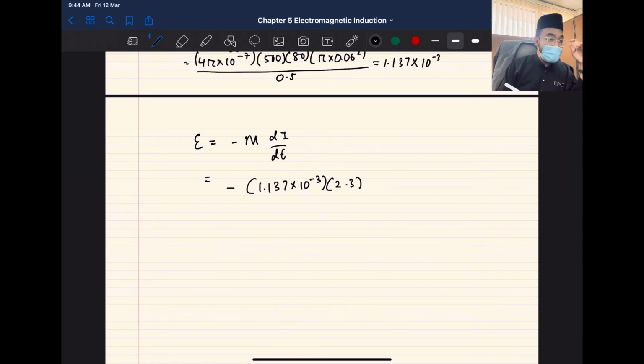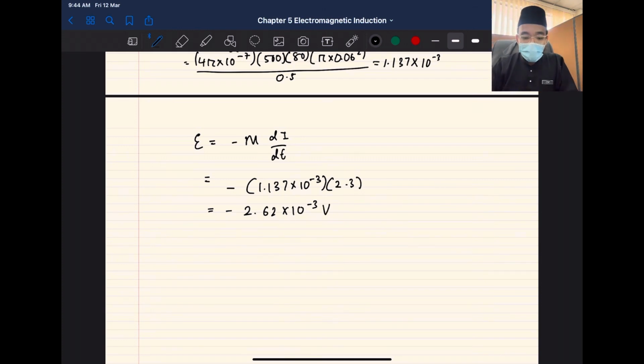I got here negative 2.6. This one is volt, sorry. So you can either write in millivolt or leave it like that. Okay, I think that's all for this tutorial. Thank you.